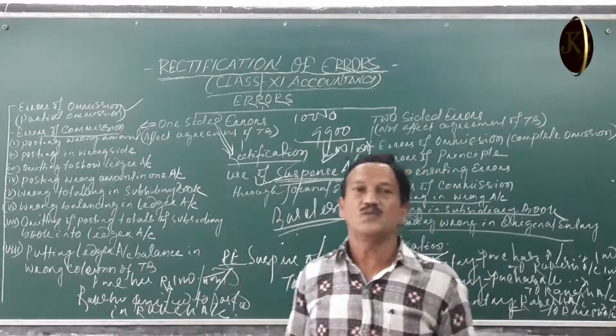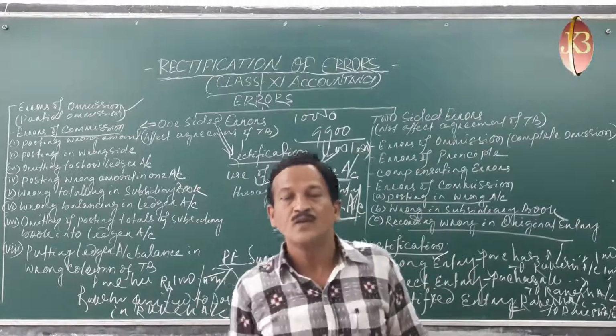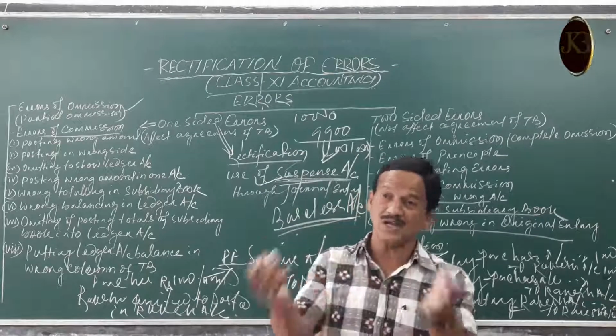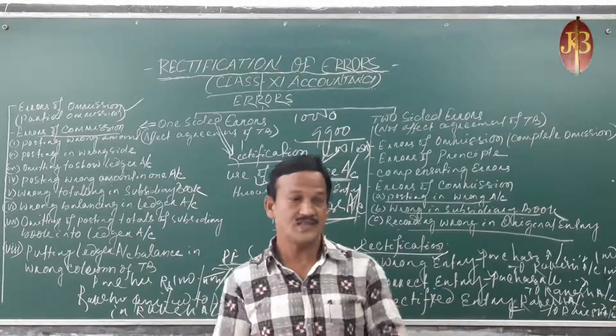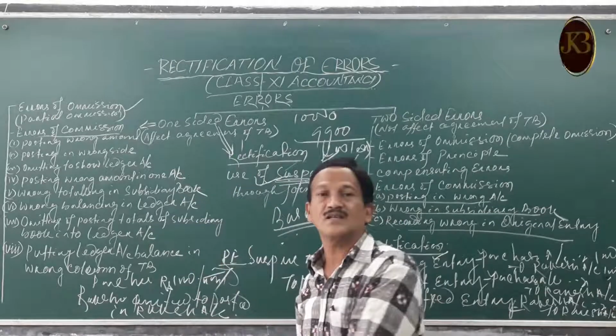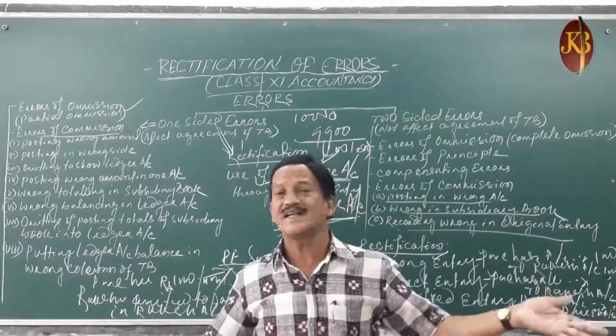Now the sales book is overcast by 100. The sales book has been over-totaled by 100, an excess total. The sales account is normally credited, so make the sales account a debit and the suspense account a credit. So that is rectified.